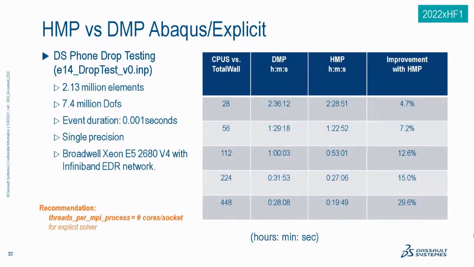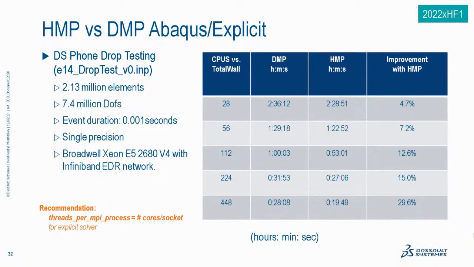The reason for HMP, I should say, is that what we found is that as we scale up in the number of cores with DMP, remember each process equals one core, we have lots of communication overhead. In this case, we have 448 cores. That means 448 processes communicating via MPI, which means bottlenecks increase.